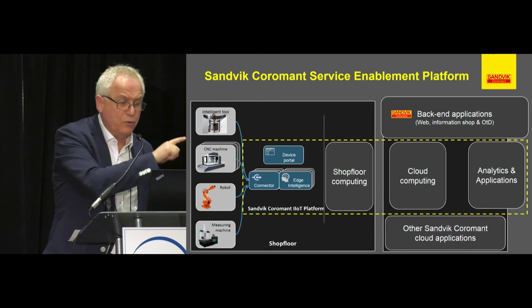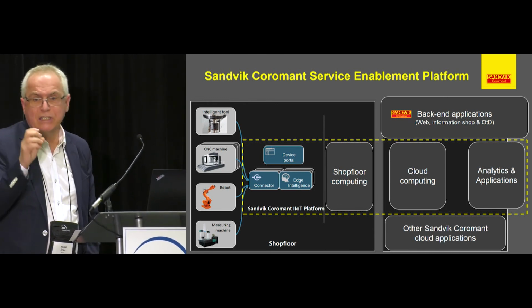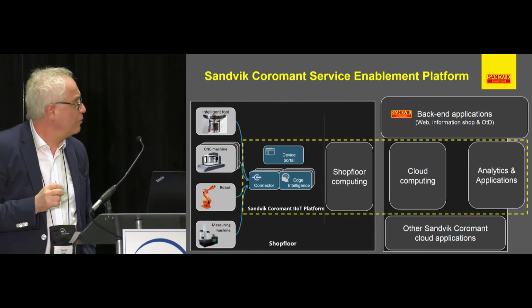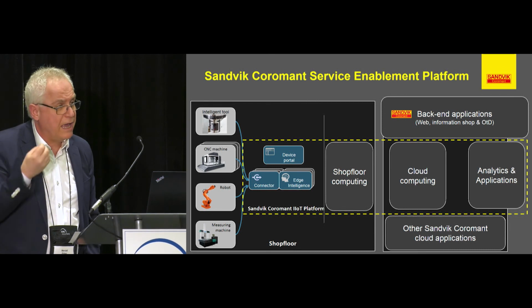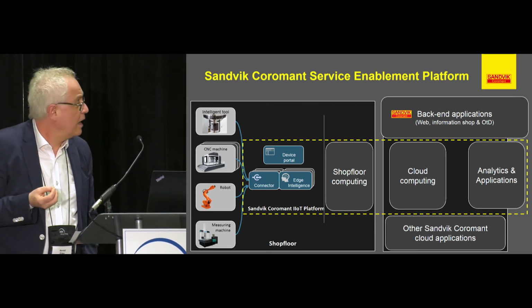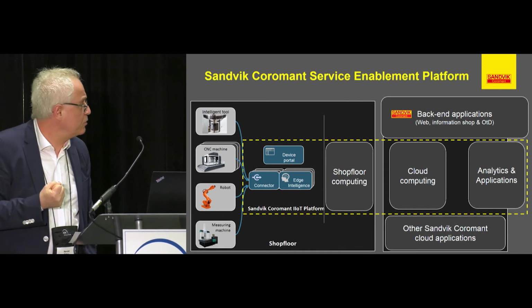For that reason, you need to make a connector. There are several different connectors that can be used here. On the machine side, we're using OPC UA as one connector, MTConnect as another connector, and we have MQTT, another connectivity language you can use.